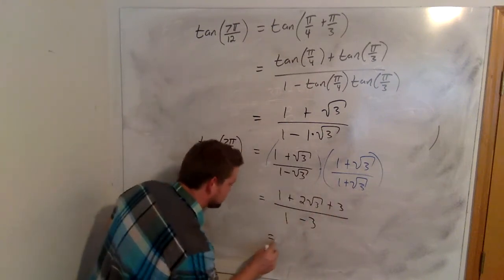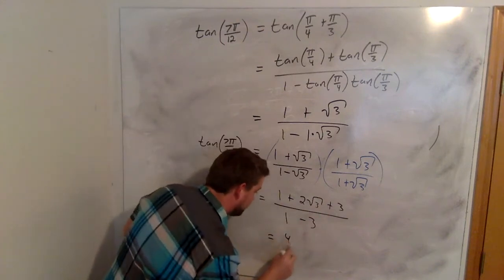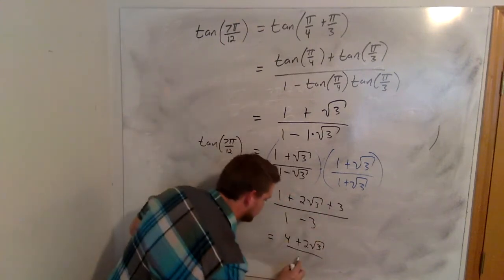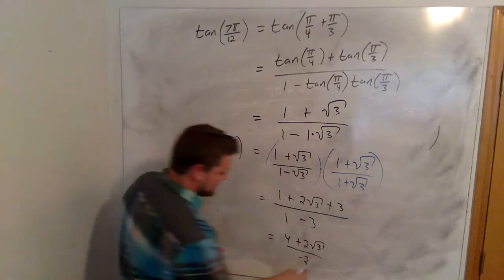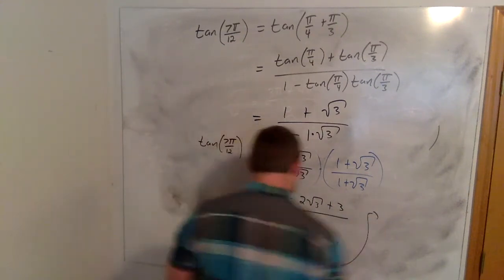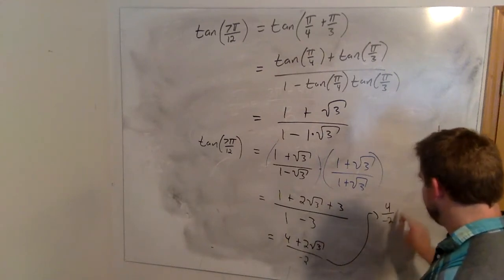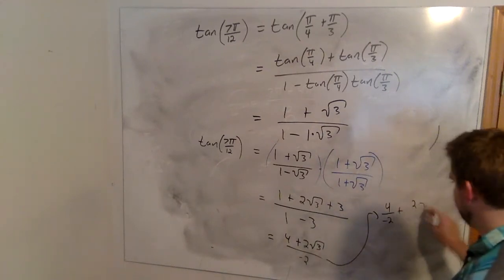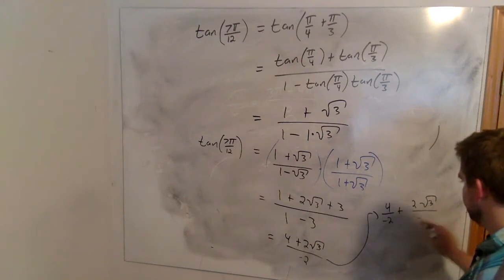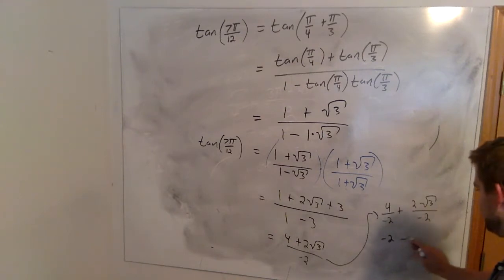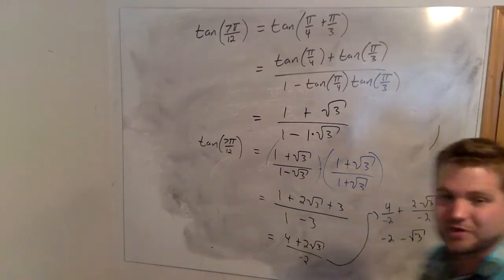So this is the same thing as what? 4 plus 2 root 3 on top. 1 minus 3 is negative 2 on the bottom. So we could distribute that negative 2: 4 over negative 2 plus 2 root 3 all over negative 2. So this will be a negative 2, minus a root 3.